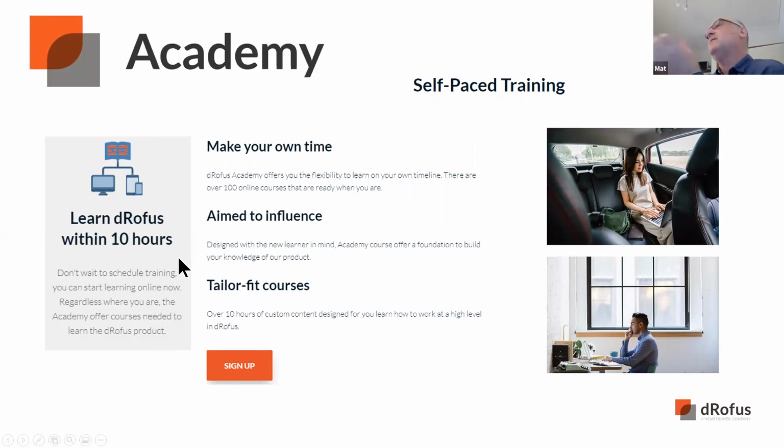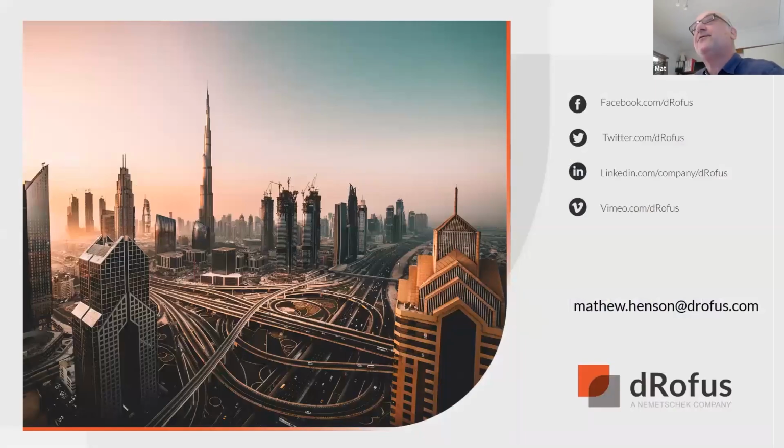Rather than do live training with you in the first project, you would have access to the dRofus Academy, where all of the training materials are there. You could do all of the training in about 2 days. It may well be that we would do a mix of live training and the Academy online training, but that's the option. I hope that was useful for everybody.